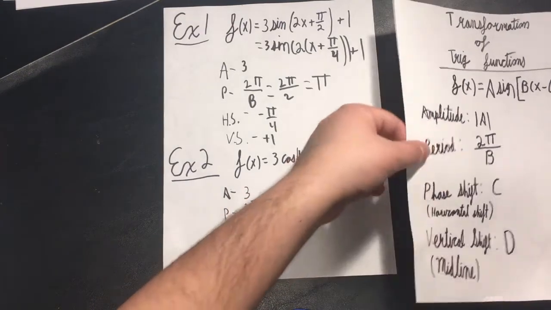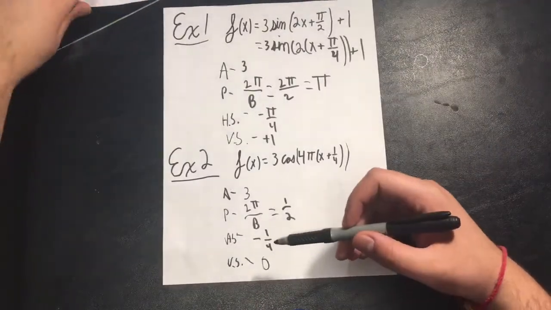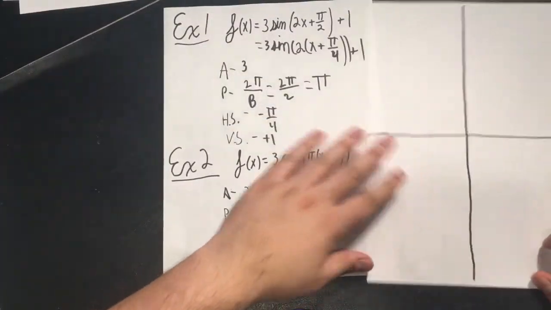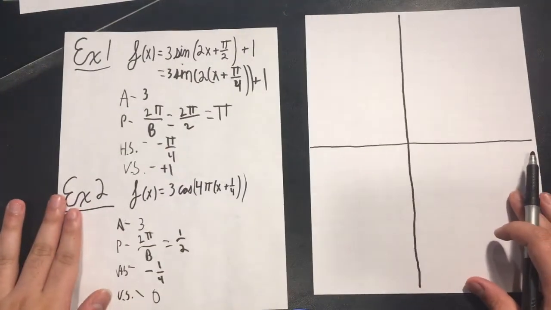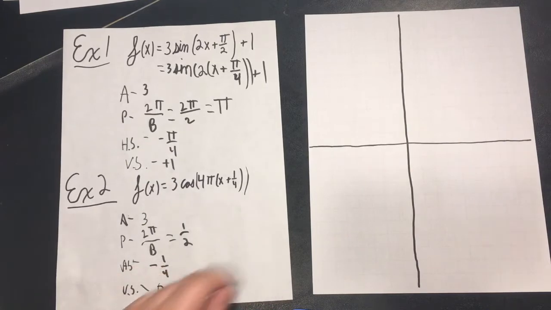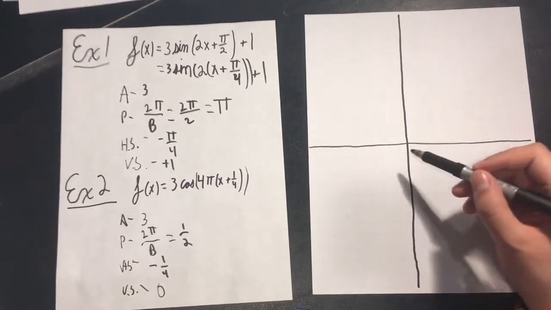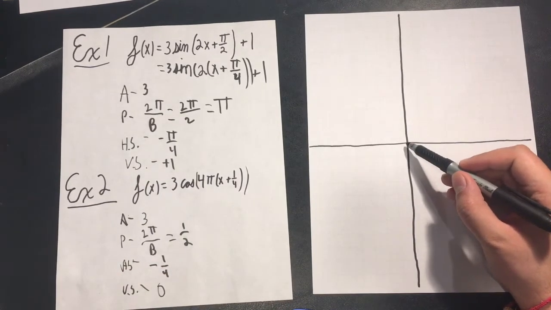So now let's graph that. All right, so let's find out what our new midline is. It's 0, so we can just start there.